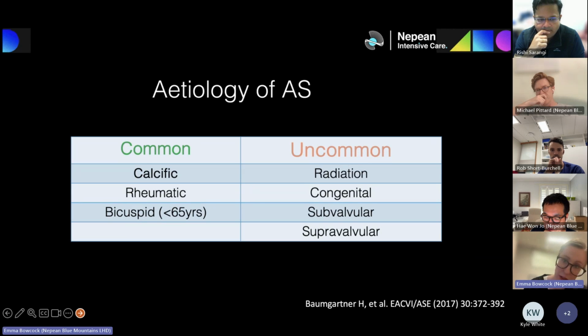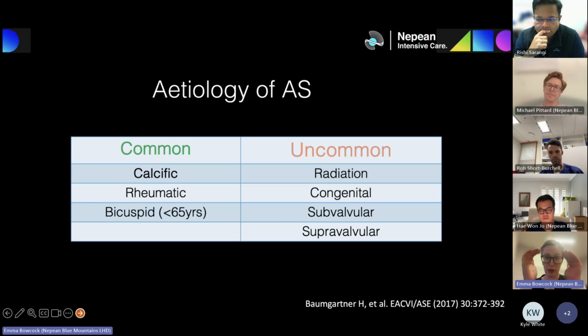So the etiology of aortic stenosis, which will be familiar. Common causes that you're going to see a lot of the time is going to be calcific aortic stenosis, more in elderly patients over the age of 65, usually with a background of hypertension, maybe some renal disease and things like that. Rheumatic, obviously we see this less commonly, but when you do see it, it's usually fairly obvious.